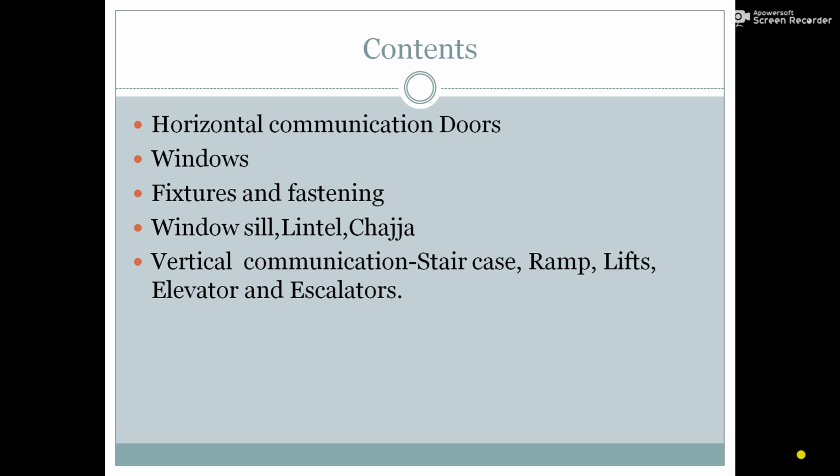For proper ventilation of the building, we provide windows at various positions. The fixtures and fastenings are needed to set these doors and windows at their positions. Then window sill, lintel and chajja are important parts in the construction of windows and doors also.